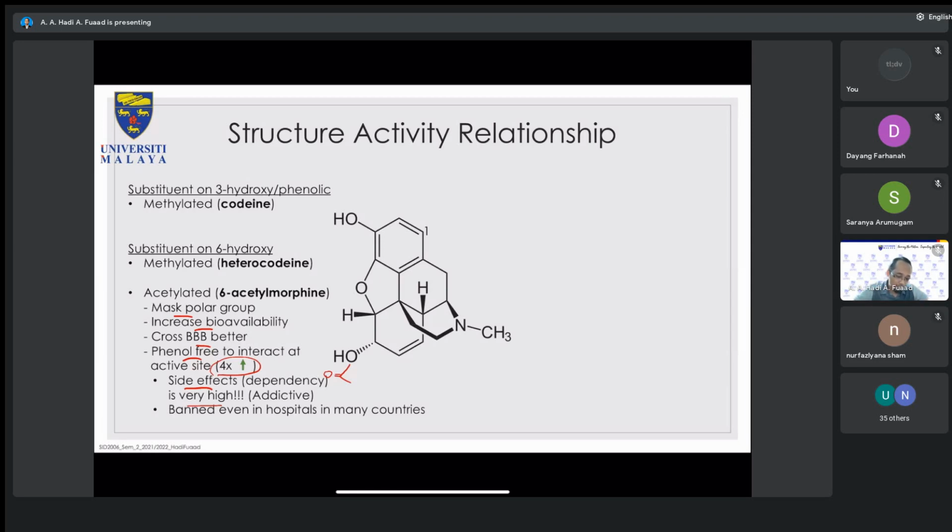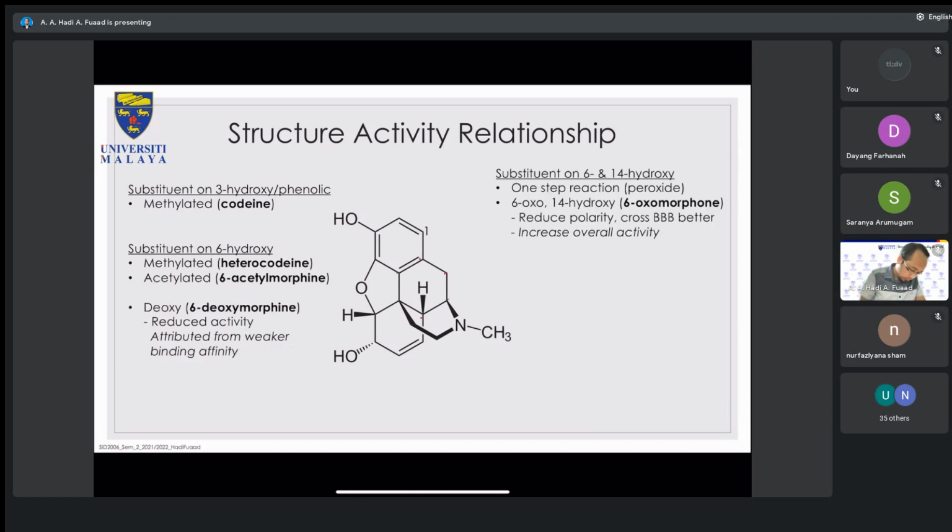All right, and then next one, we're going to look at substitution on number 6 and number 14 hydroxyl. So not just one, we're going to look at both. Again, 14 just now was 9, 10, 11, 12, 13, 14. So that one over there. You can get a hydroxyl on number 14 if you do some chemical reaction.